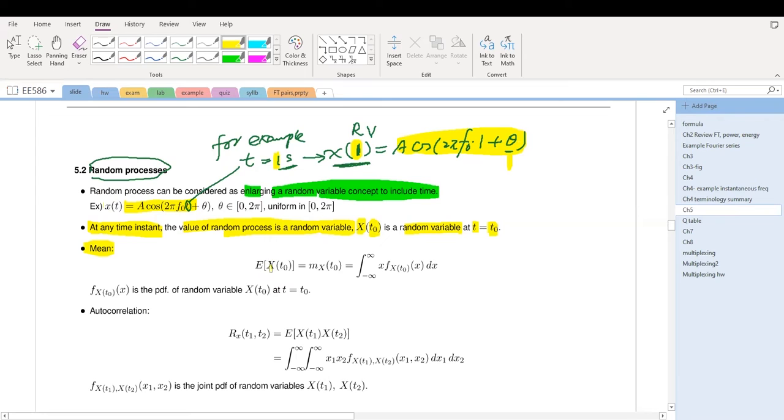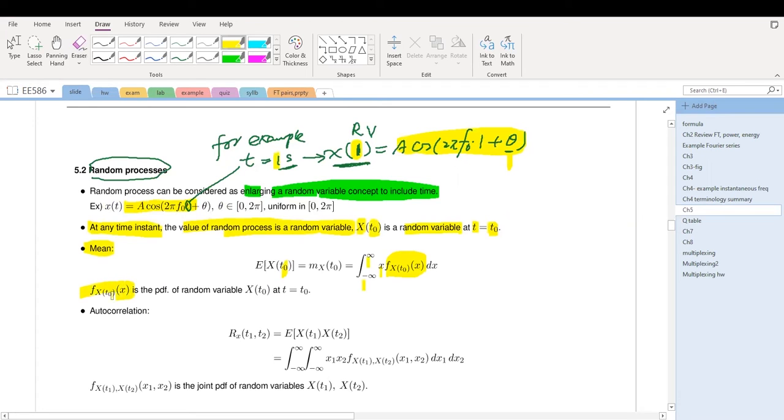The mean is where we take the expectation at one given time, t naught. If we know the PDF function at the given time t, we can do this integral of x multiplied by this PDF function, from minus infinity to infinity.